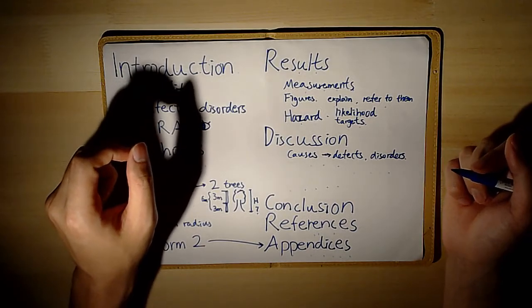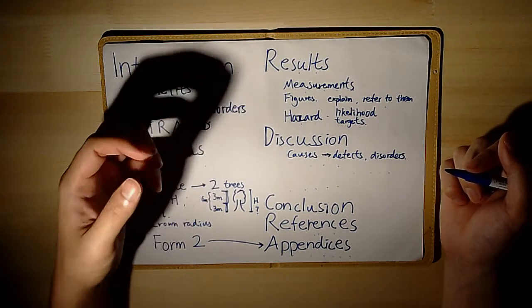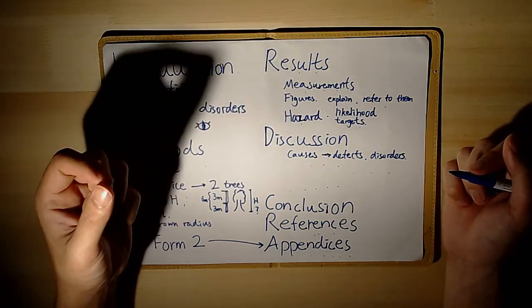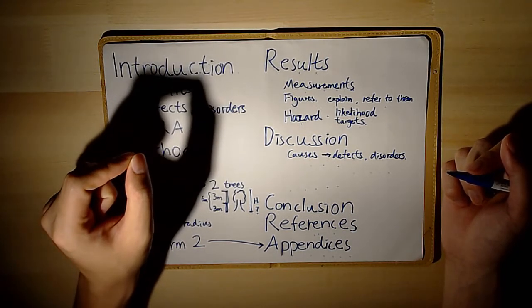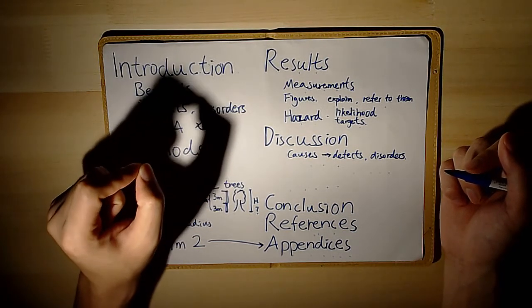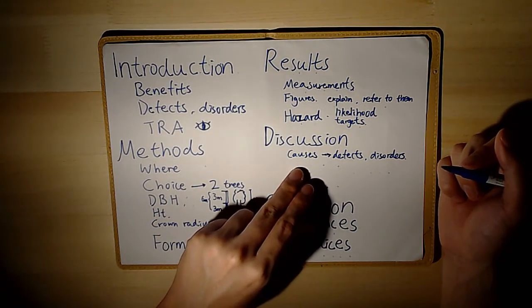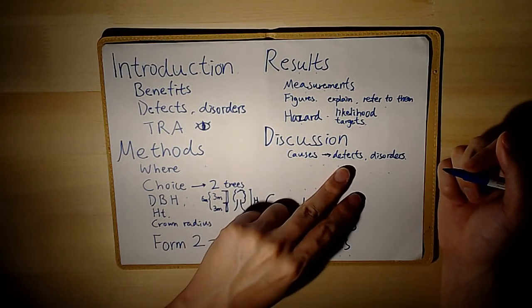You can assess the drainage condition. You can also look into the soil to see if the soil can supply enough nutrients to the trees. So, give me the potential causes of the defects and disorders.